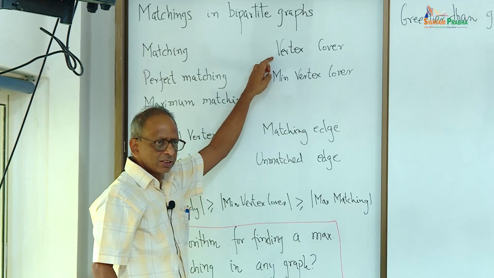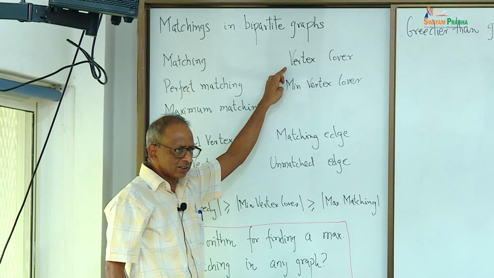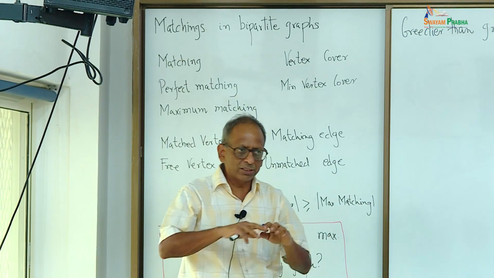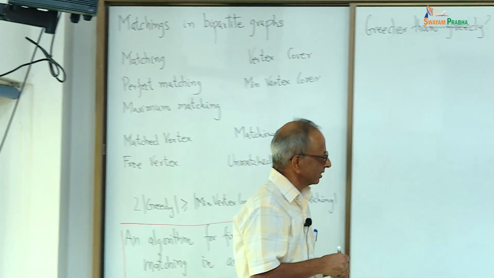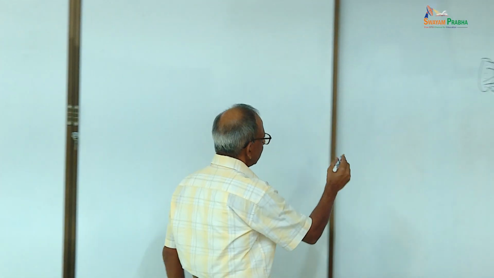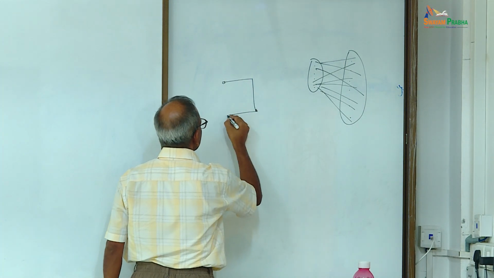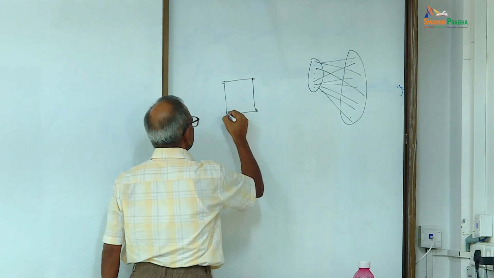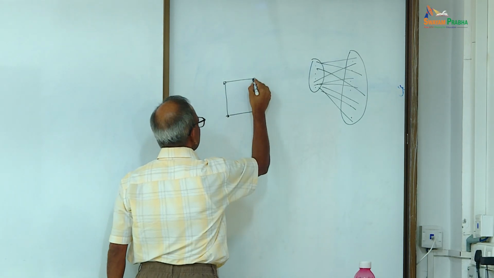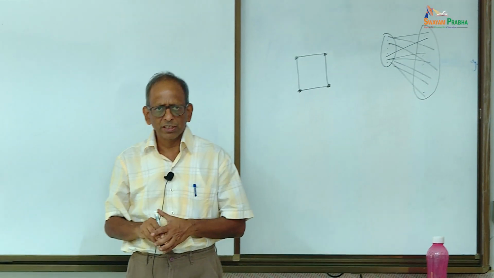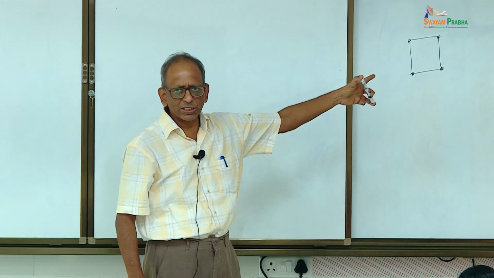A vertex cover in a graph is the minimum number of vertices needed to cover all the edges. How many vertices do you need to cover all the edges of this graph?